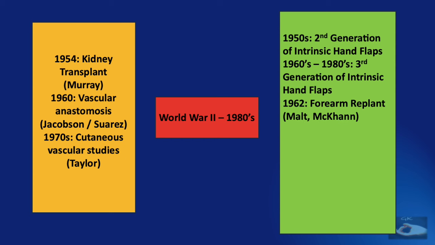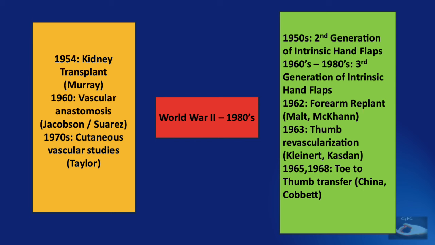In 1962, the successful forearm replant by Malt and McCann, and in 1963, thumb revascularization by Kleinert and Kasdan, and toe to thumb transfers in China in 1965 and by Cobbett in 1968. And when revascularization and replantation could be done, could free flaps be far behind?